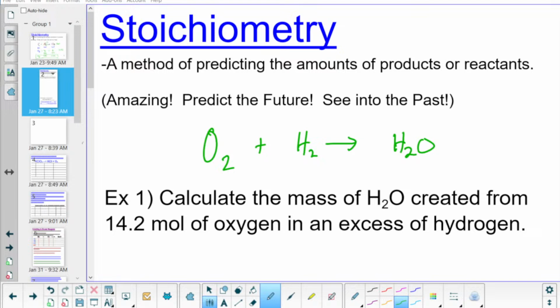It's not right there, but there's something in there that will work. This is 32 and then 2.